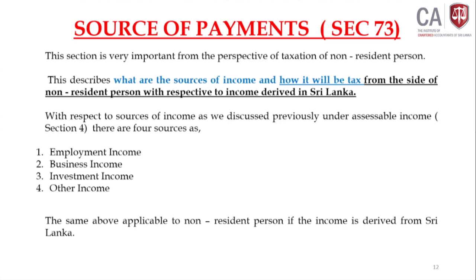I will discuss one treaty, not all the provisions, but the very important articles, and we will compare them with the withholding tax provision in the Inland Revenue Act and the provision given in the treaty, and what you are going to apply for your answer, even in the practical. Okay. Then how it will be taxed I will come to later.